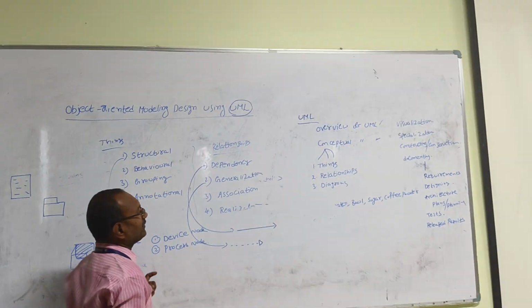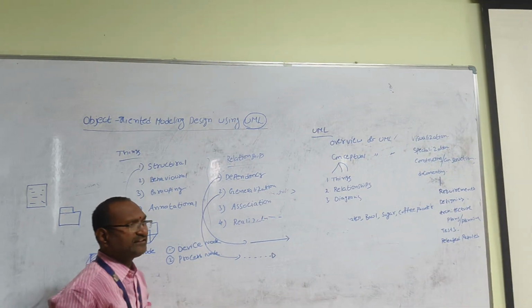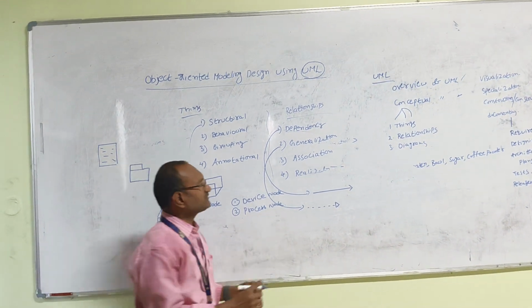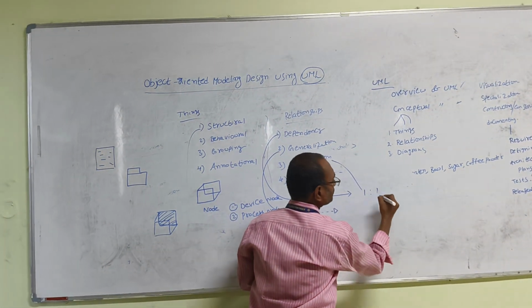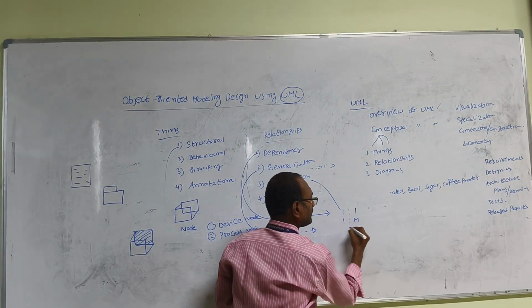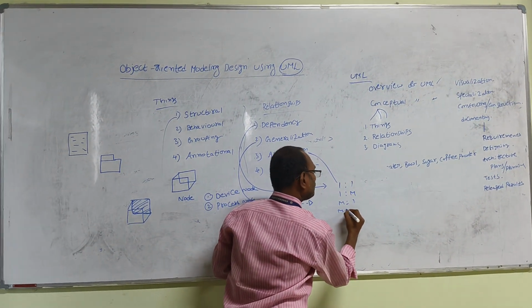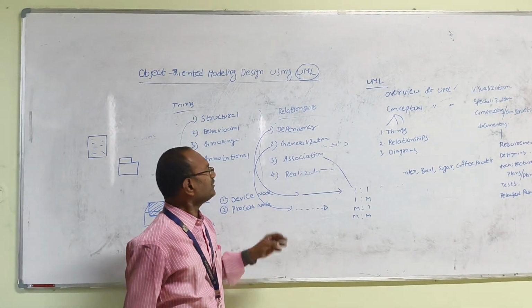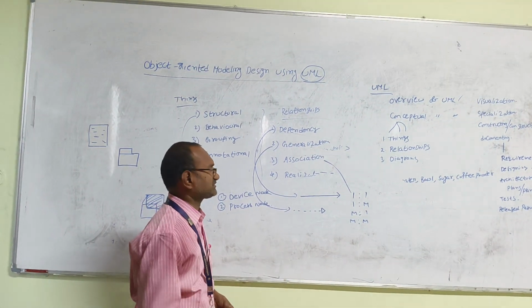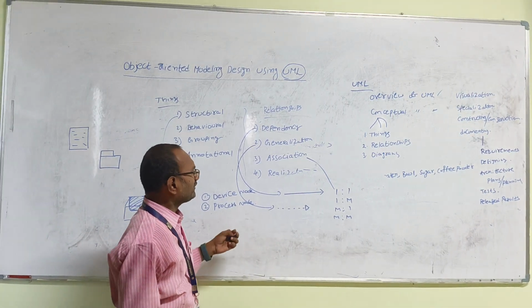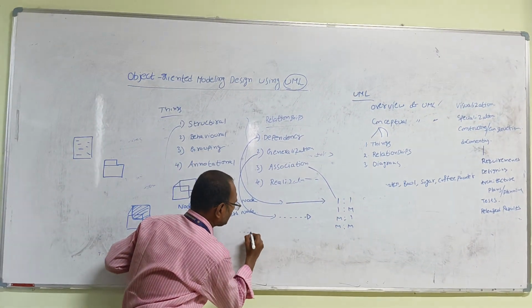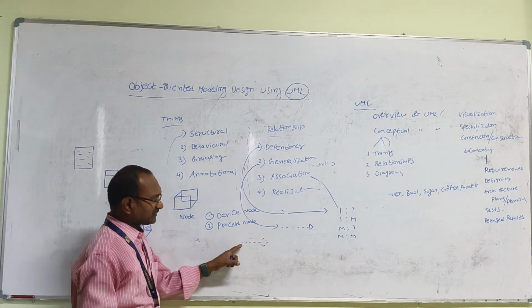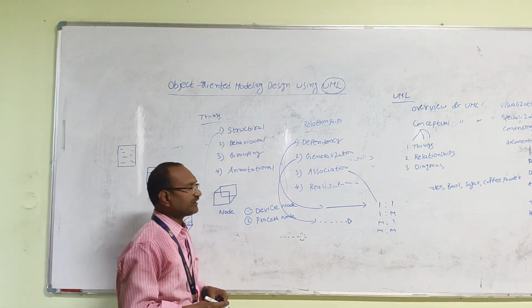Next, association represents the relationship between different types of objects, like one-to-one, one-to-many, many-to-one and many-to-many relationships. And realization is represented as a dotted line with a triangle. This is the relationships.